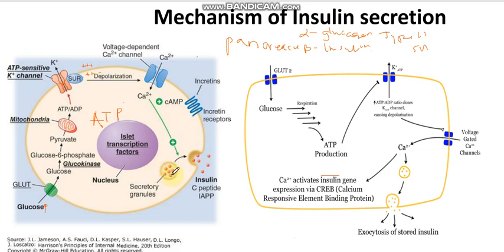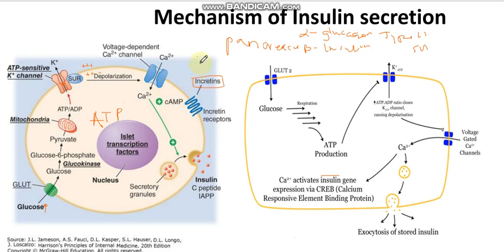Now, aside from the action of insulin secretion by the calcium, once the calcium is influxed in the cell, it is going to activate cyclic AMP, and this cyclic AMP is going to activate what they call an incretin. An incretin is a glucagon-like receptor that inhibits or prevents the secretion of glucagon.